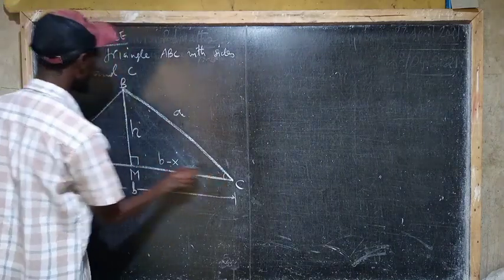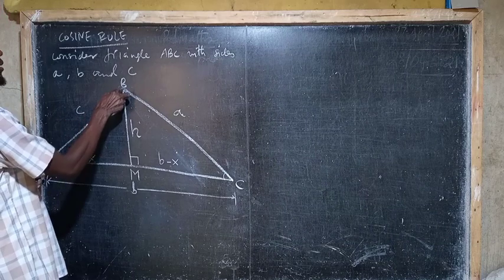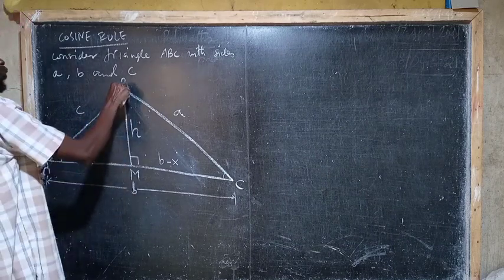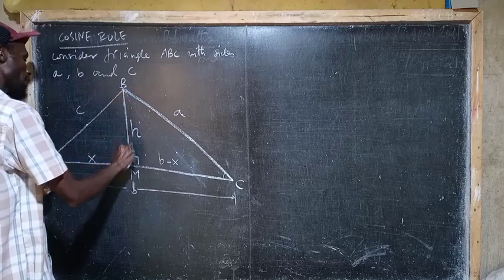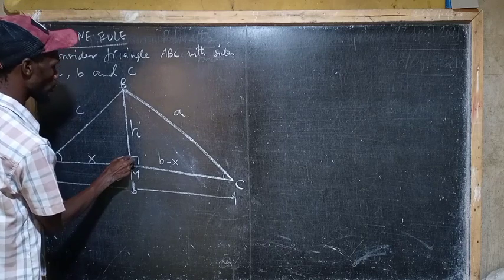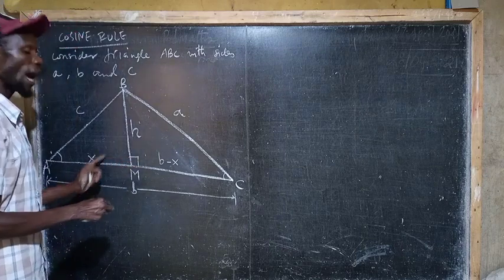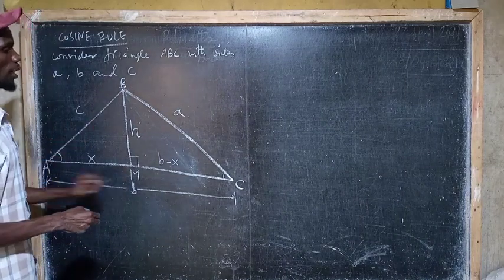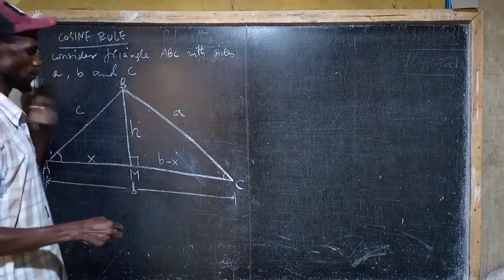Here, this is side C, and this is side B. We have drawn this one perpendicular to AC so as to produce two right-angled triangles, which are ABM and BCM.